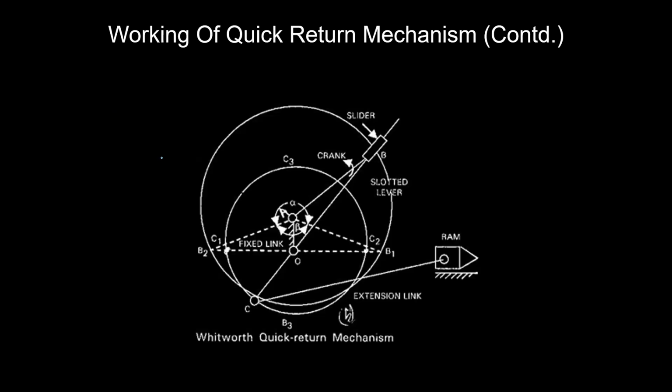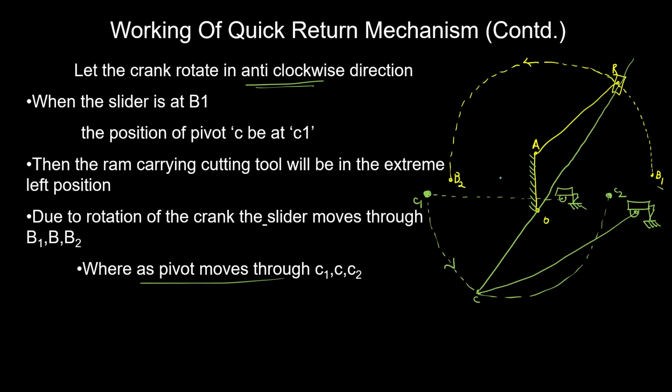Now here in the working principle, when the ram is moving forward, the material is being removed. So the forward movement of the ram is marked by the motion of the slotted bar from position C1 to C2. And here if you observe, the crank is moving from the position B1 to B2.